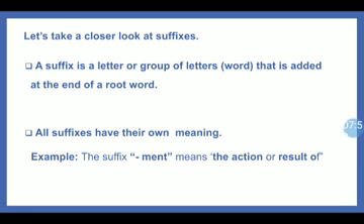So let's look at this example. The suffix M-E-N-T, ment, means the action or result of. So for example, enjoyment.